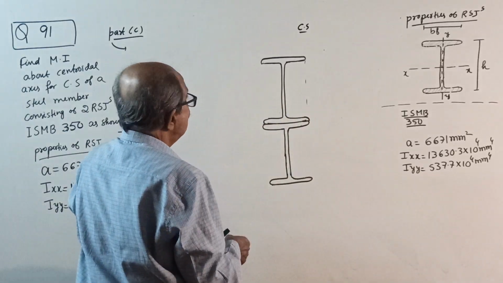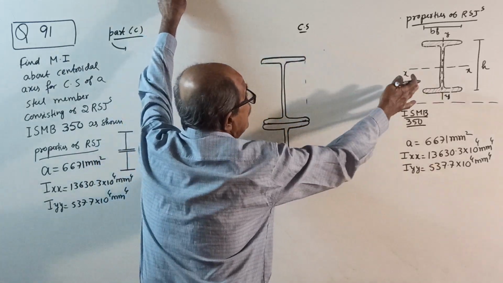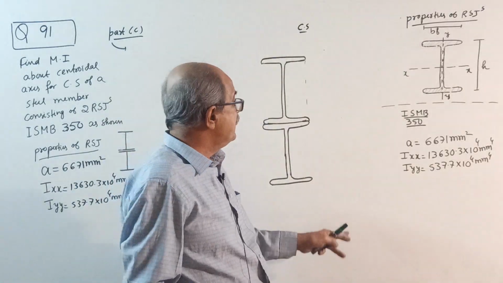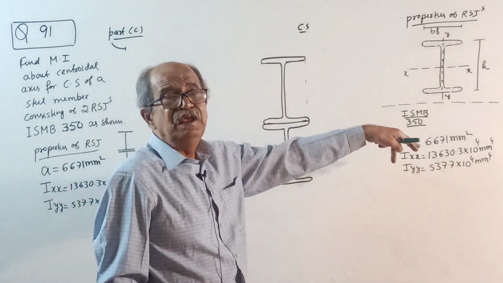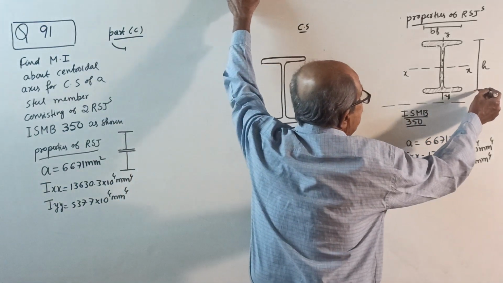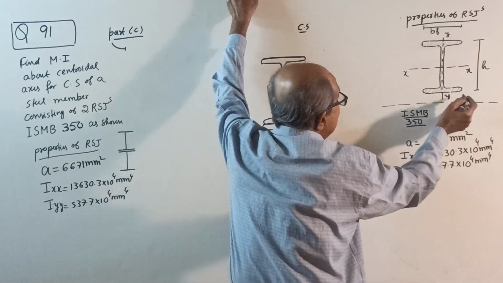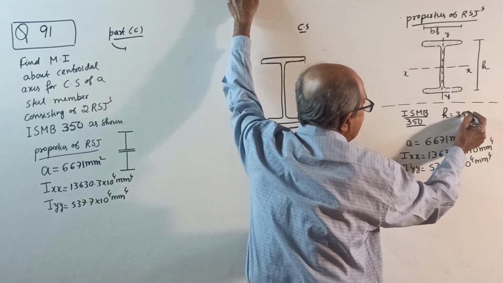Now, first the dimension. The width of the flange is not given because it is not required. If the requirement is there, I would have given it. In steel structures also, if the requirement is there, refer to the IS handbook. Now, this is H. ISMB 350 means the depth H is 350 millimeter.